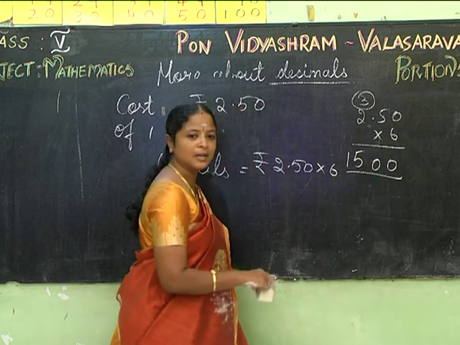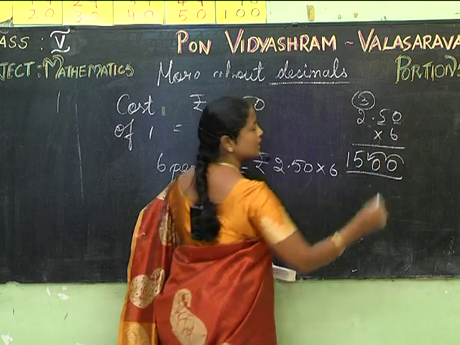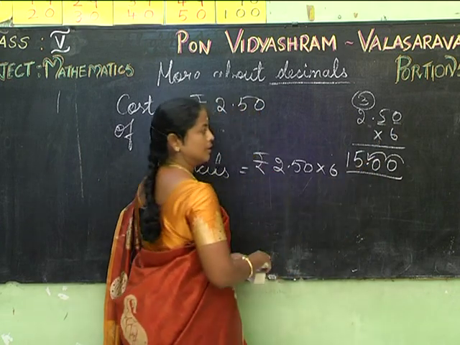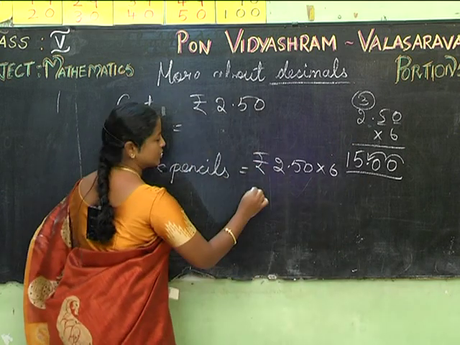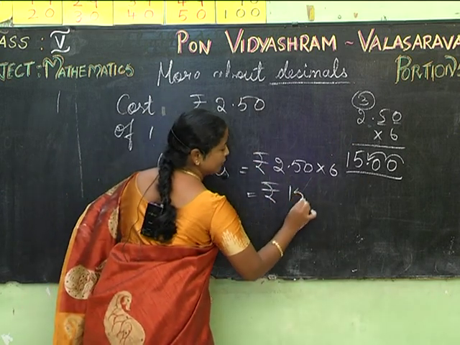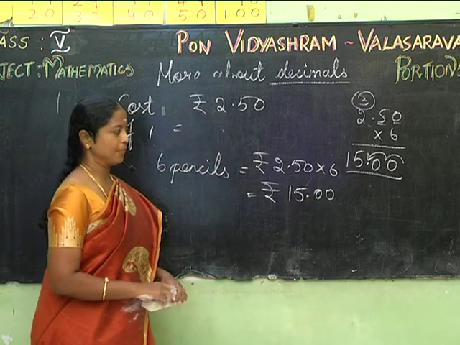And I have to place the decimal point 2 places from the right, since there are 2 places after the decimal point. So, the cost of 6 pencils is rupees 15. I can write it as 15 or 15.00.